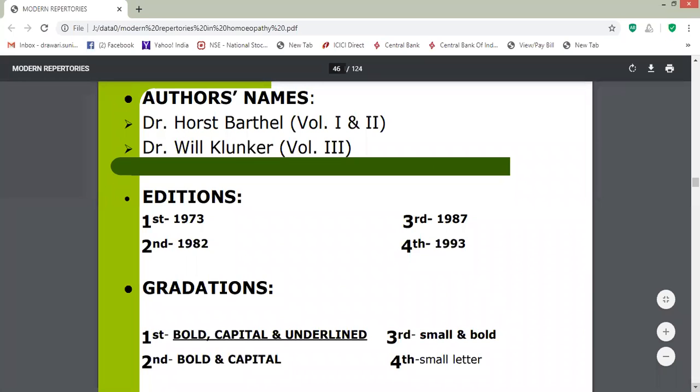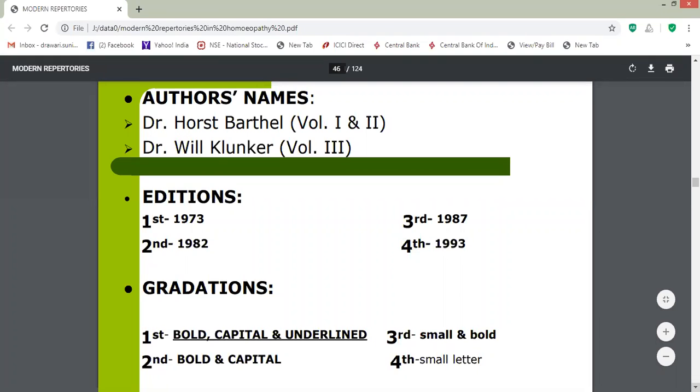In India, it was first published in 1987 with the third edition, and it was reprinted in 1993.